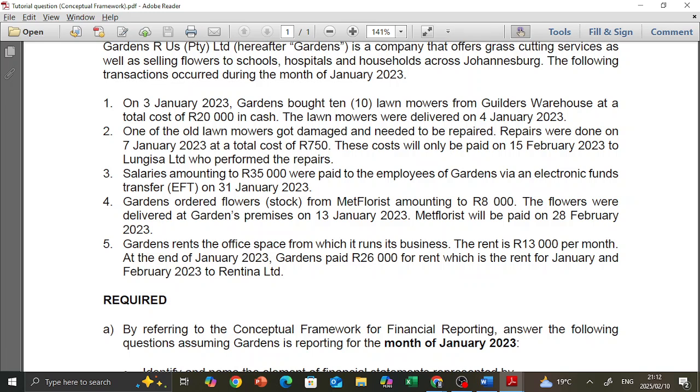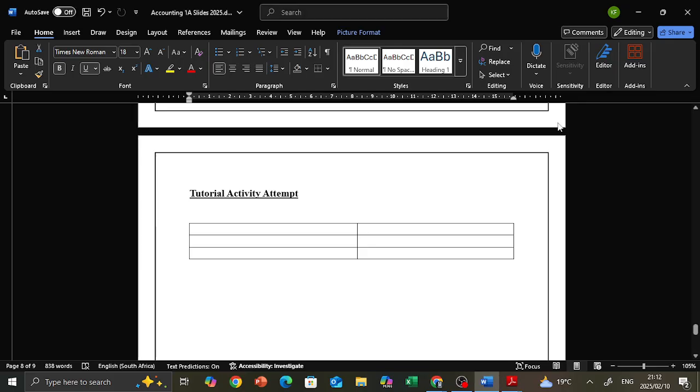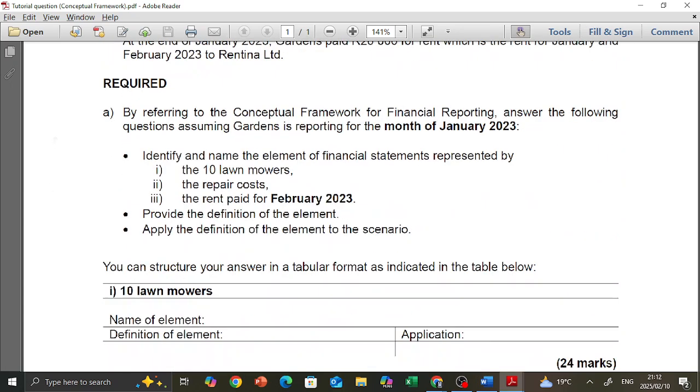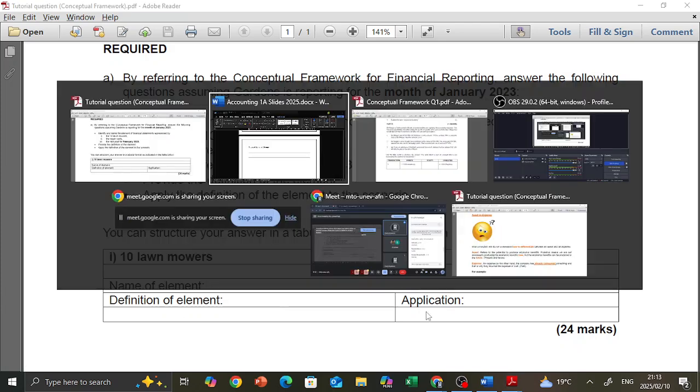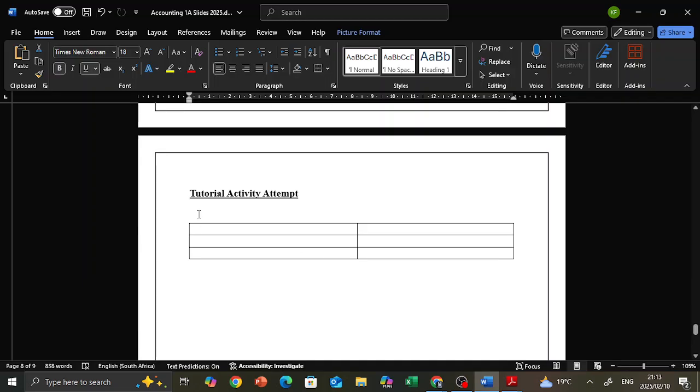Now, let's talk. I'm going to start typing. As we've seen here, this is what they want us to do. Write 10 lawnmowers. You must do this in the test as well. Should you get a definition of application, write what you are applying first. Then you're going to write name of element, definition of element, application. So you guys are going to tell me by unmuting or in the chat box what is the element in question.